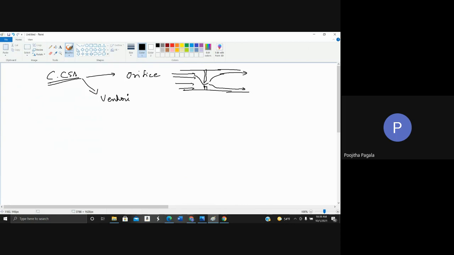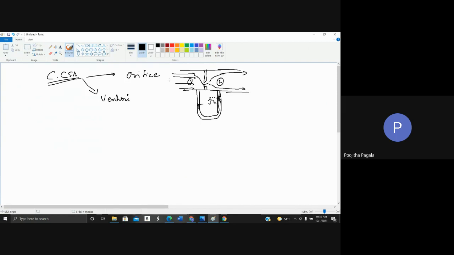So in order to measure this pressure loss, we have a manometer. The difference in the height is h. So this height is going to give you the pressure difference between point 1 and point 2.